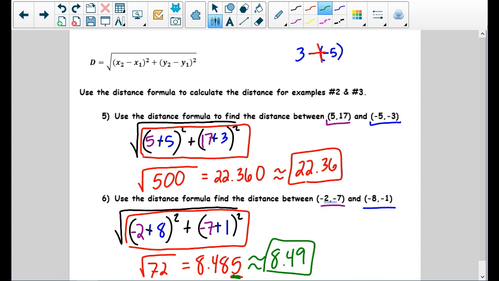Now, with that being said, MathXL is going to tell you to round to a certain value, okay? Probably the hundredth place. If you don't round to that exact value, it's going to mark it wrong, okay? So again, this is where it's beneficial for you, especially on the test, to write your work out, okay? If you put in there 8.48, it will count it wrong, and you'll miss.